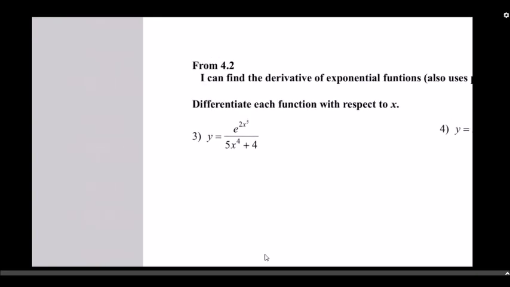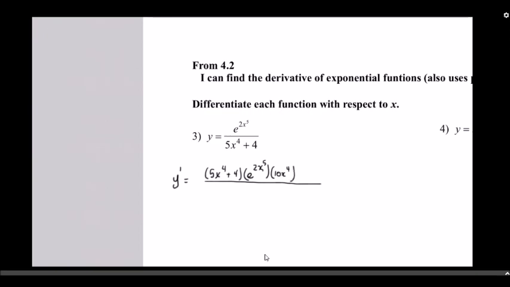So y prime, if you recall the quotient rule, low d high minus high d low, all over low squared. So low times d high, the derivative of the upper function. Since the upper function is an e to the u situation, the derivative of e to the u is e to the u times u prime.